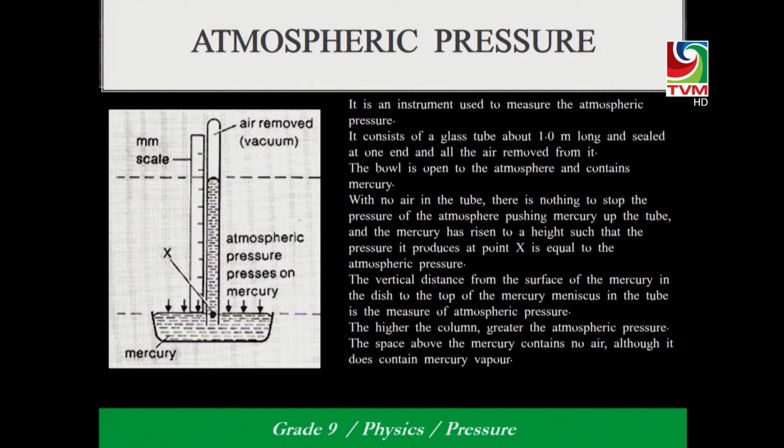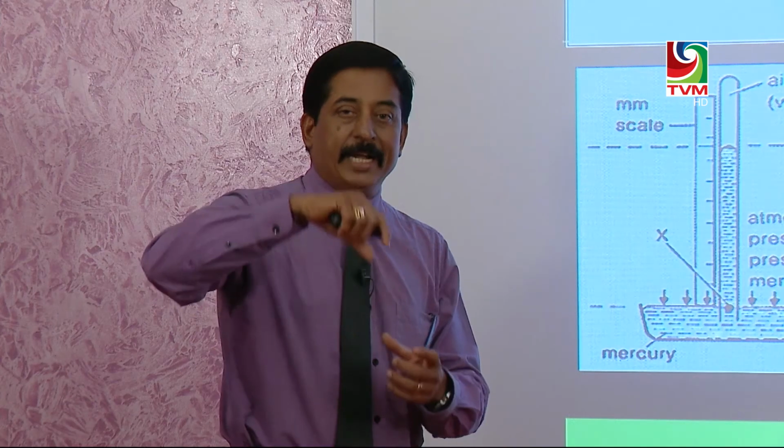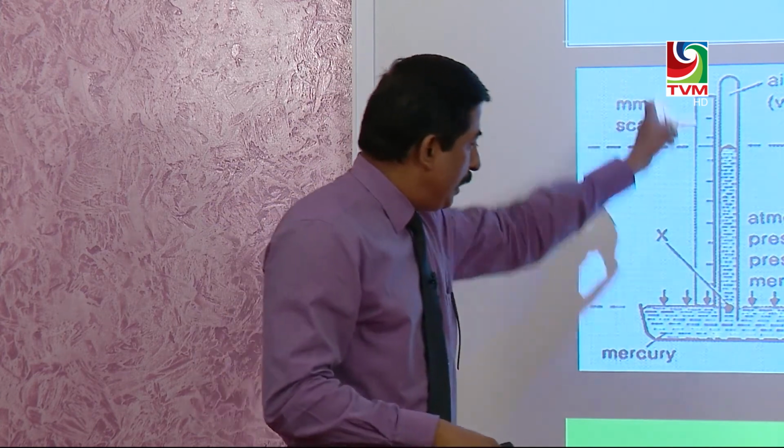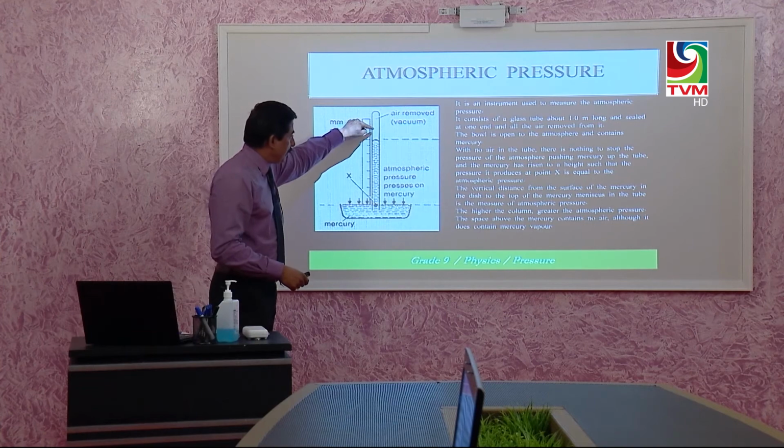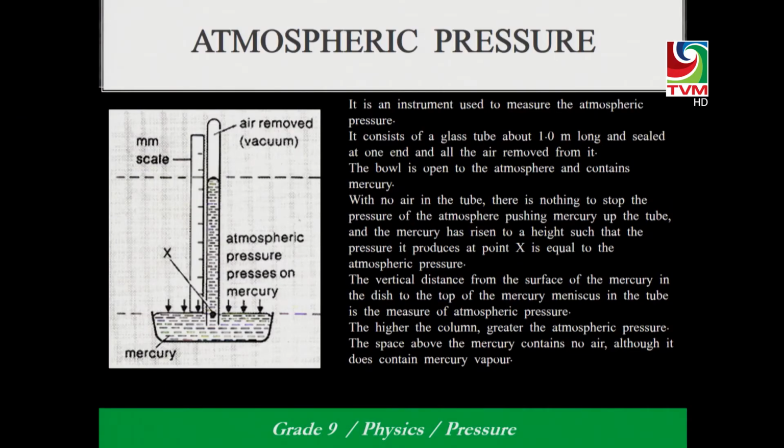It consists of a glass tube of length nearly 1 meter, which is evacuated, the air is removed. There is a bowl of mercury. You insert the evacuated glass tube into the mercury, so that inside there is no pressure, the pressure is 0, and outside is atmospheric pressure. So, what will happen?